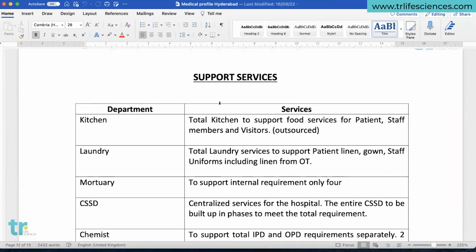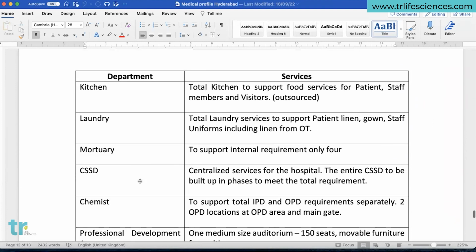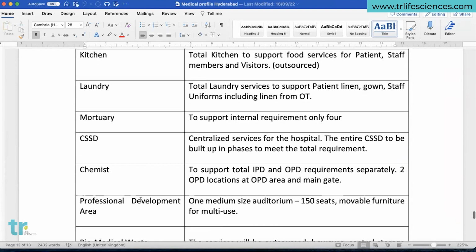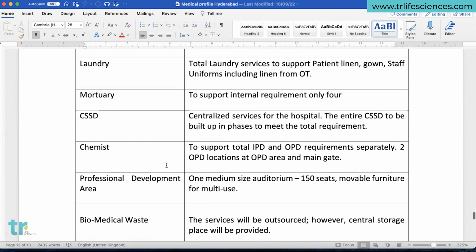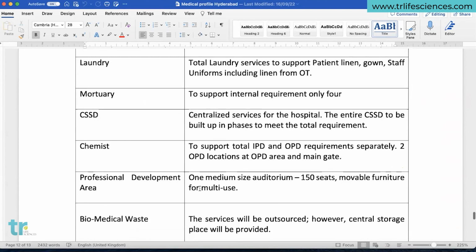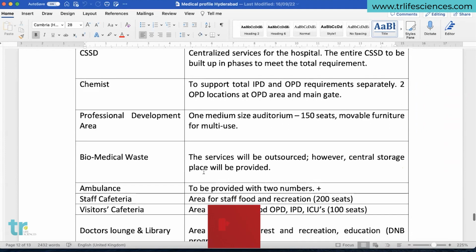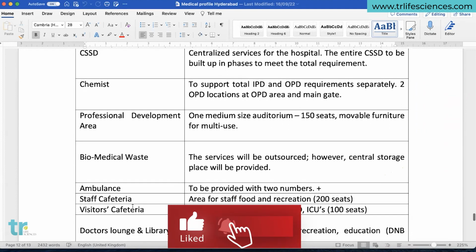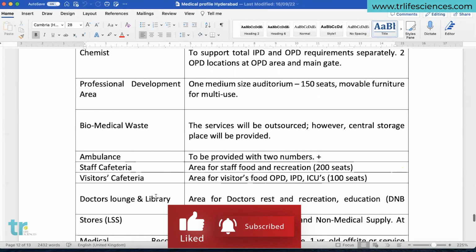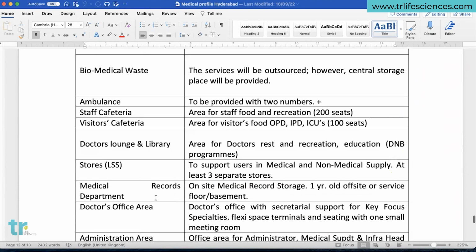Then the other support services which we will be providing, like kitchen, laundry, mortuary, CSSD, chemist shops, number of shops, areas where they have to be proposed, professional area development, auditorium, biomedical waste department, ambulances, staff cafeteria, visitor cafeteria, doctor lounge, stores.